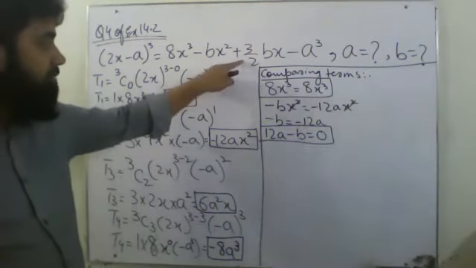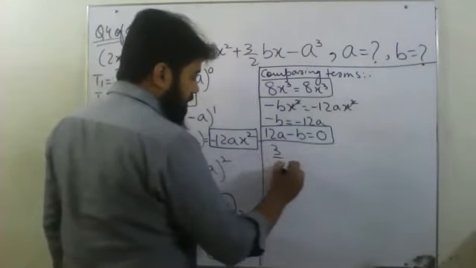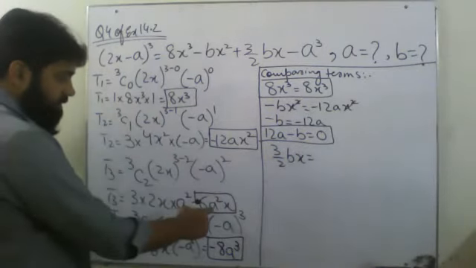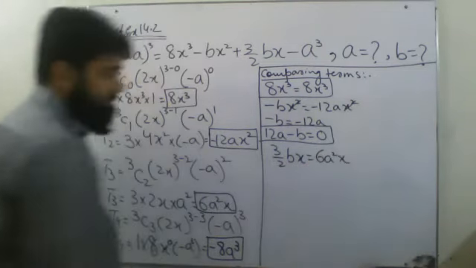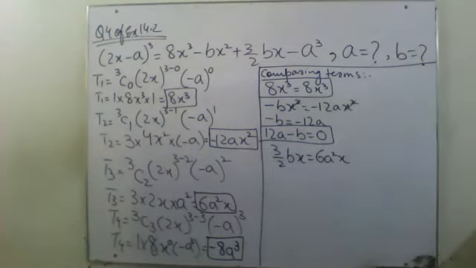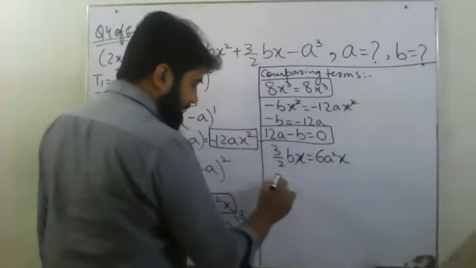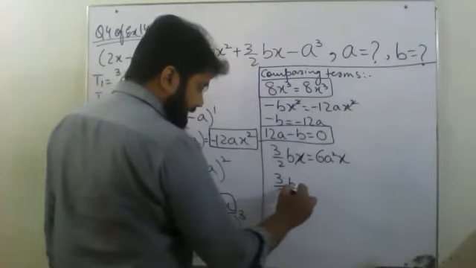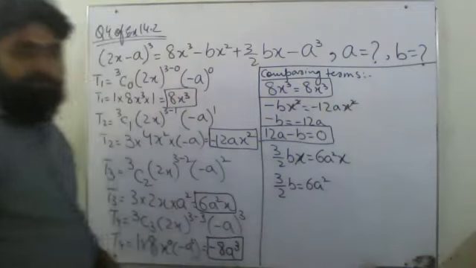Now coming to term 3. What's written over here? 3 over 2 bx, and over here 6a square x. Again x and x will cancel. This becomes 3 over 2 b equals 6a square.